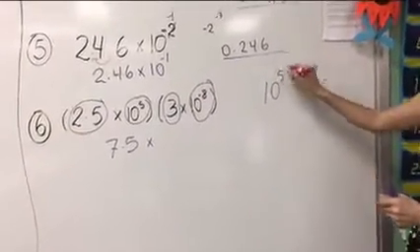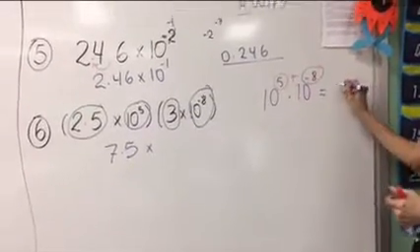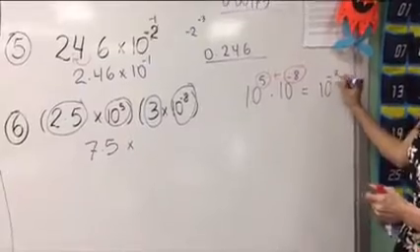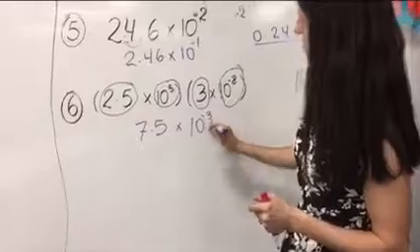So if you have 5 plus -8, you know that's going to be 10 to the -3rd power. So it's 7.5 times 10 to the -3rd.